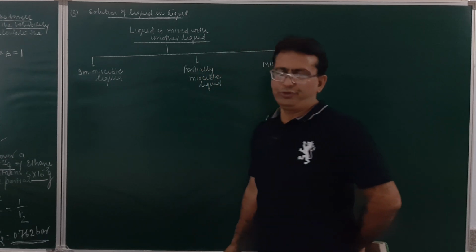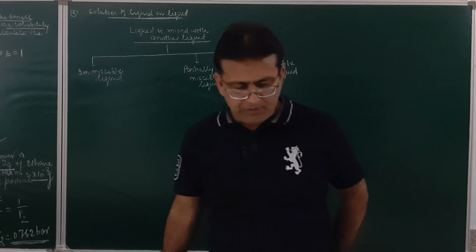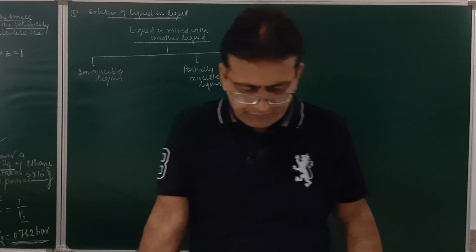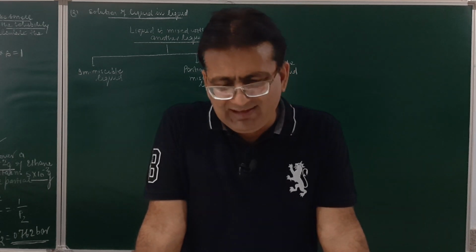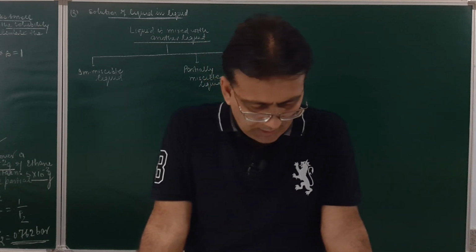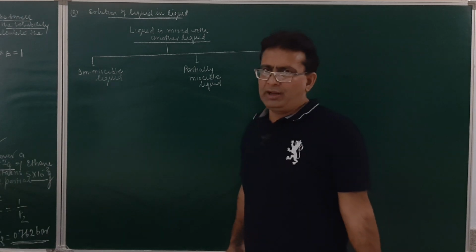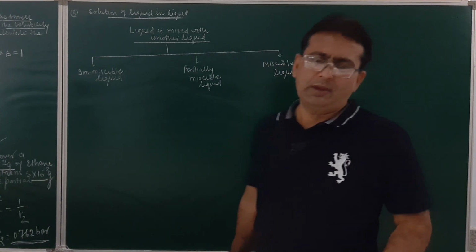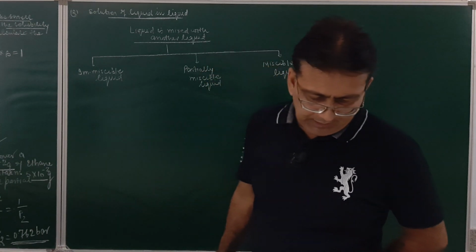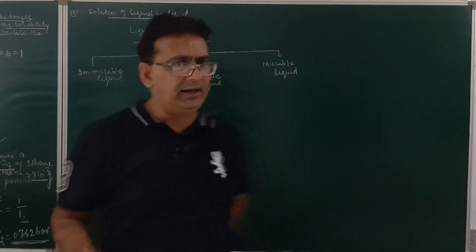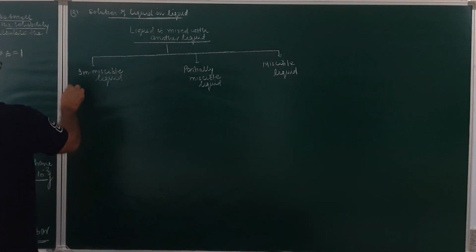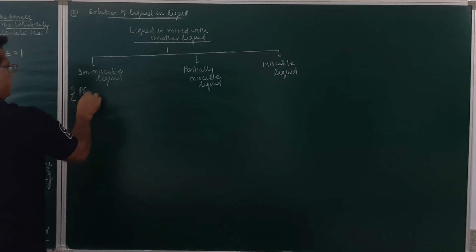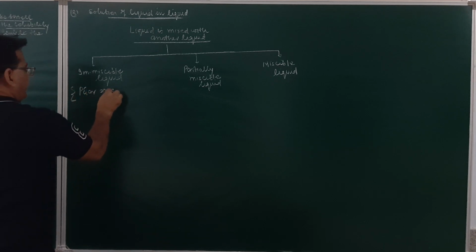When one liquid is dissolved in another liquid, the liquid may be immiscible liquid. As far as immiscible liquids are concerned, the polar and non-polar liquids are immiscible in nature. Am I clear? So immiscible liquids are polar and non-polar liquid.